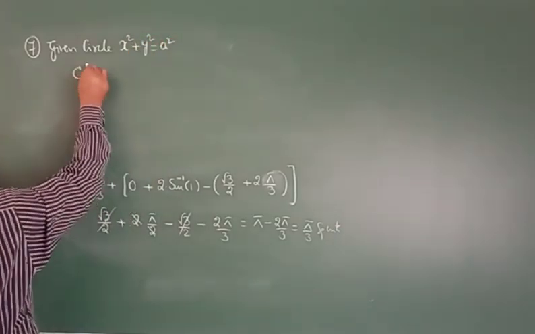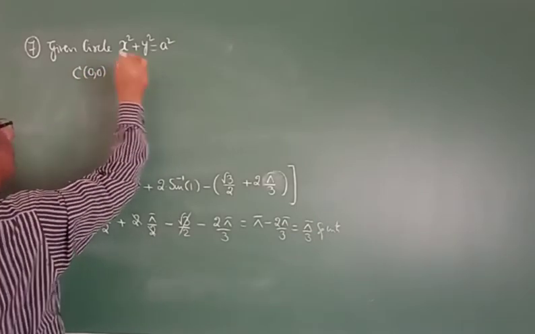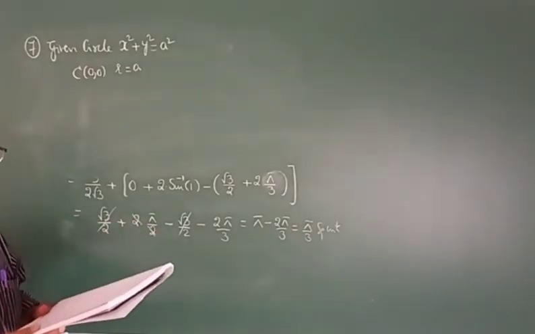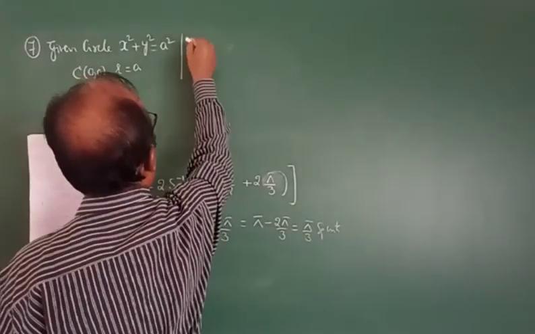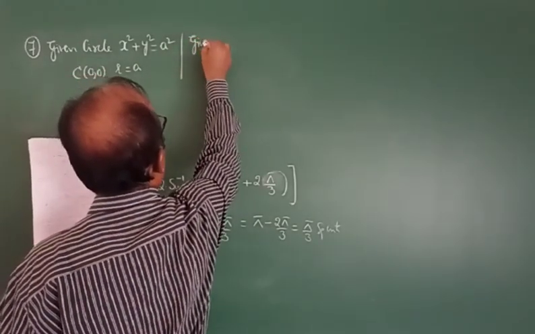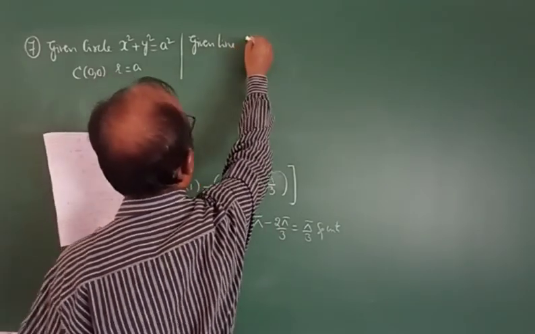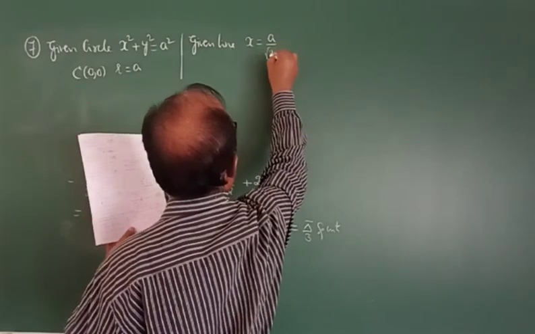Center is 0, 0. Radius is a. One point is completed. And one more line is given. What is the given line? X is equal to a by root 2.